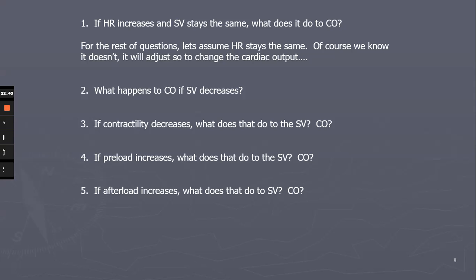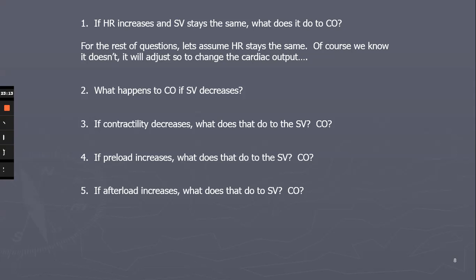But for these questions, in order to understand the factors that affect stroke volume, I want you to assume that the heart rate stays the same. Okay? So what happens to cardiac output if heart rate stays the same and the stroke volume decreases? So the cardiac output will also decrease. Hope you got that right.